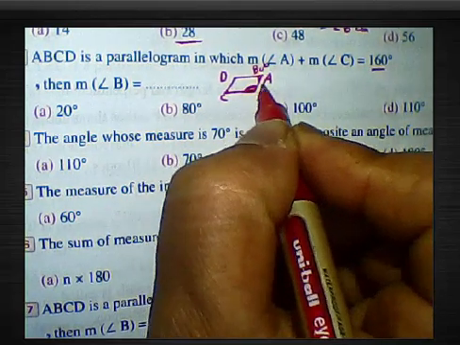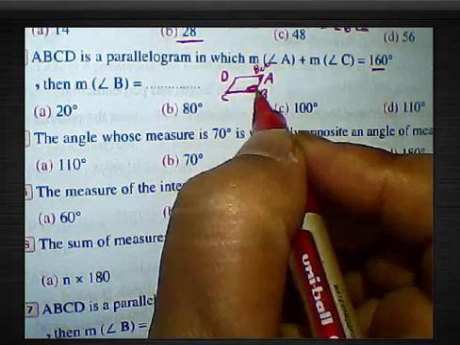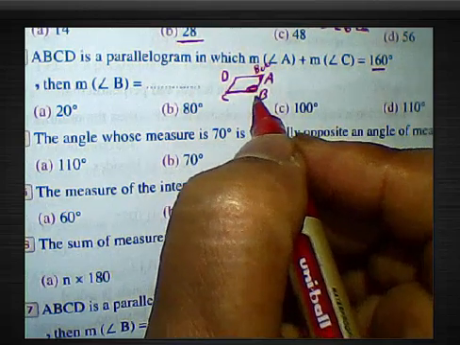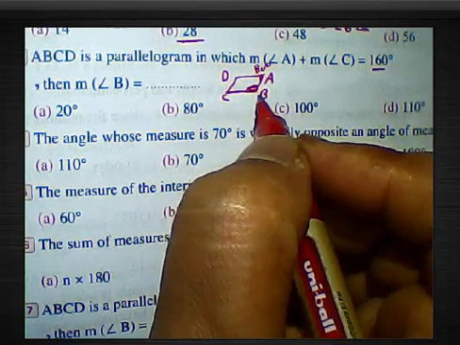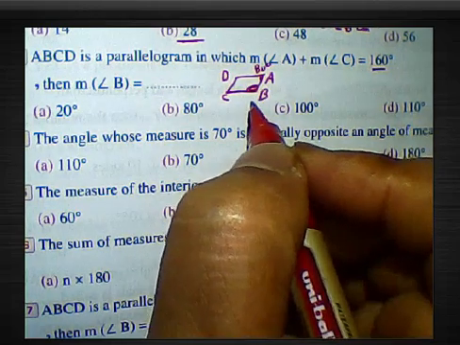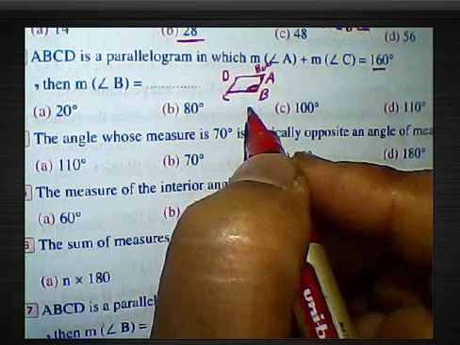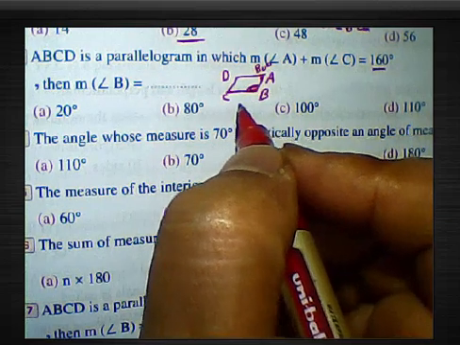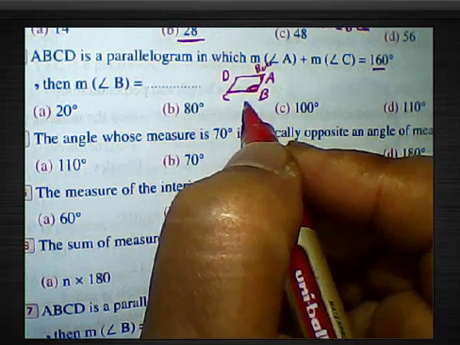We know the sum of adjacent angles equals 180. We have supplementary angles. We call it supplementary angle. So the result will be 180 subtract by what?